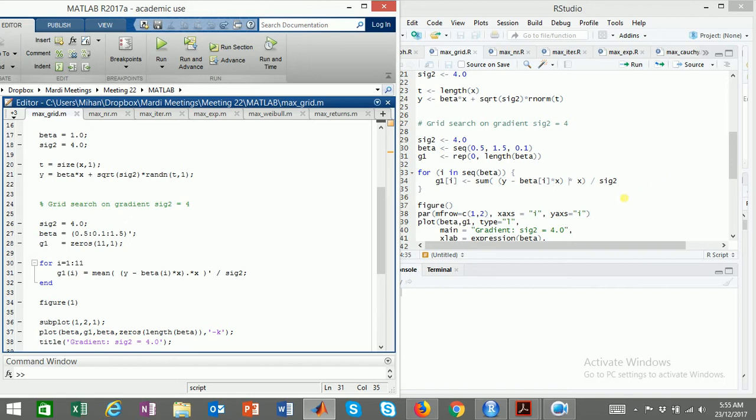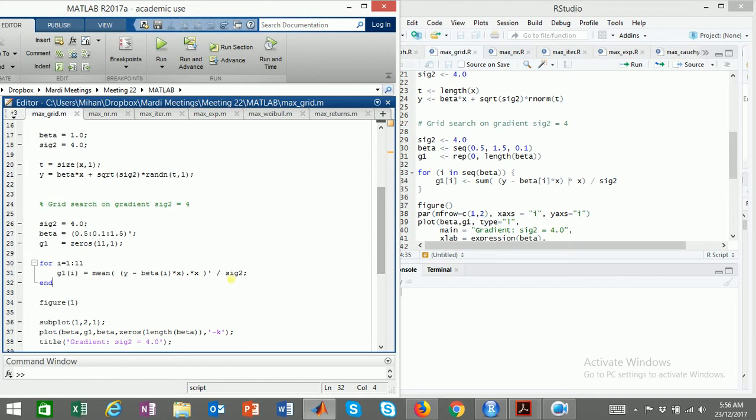Anyway, it is taking the summation of y minus beta x divided by sigma square, the regular one, and because the mean is not taken, it must be divided by t at some stage, because it has already been divided by t with the mean.